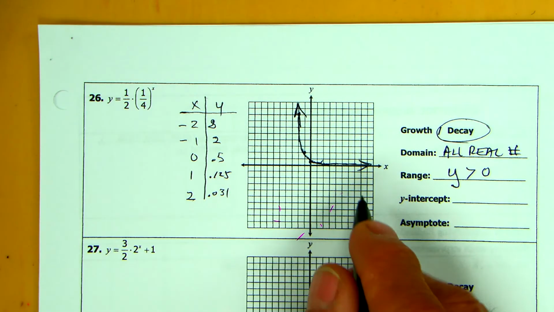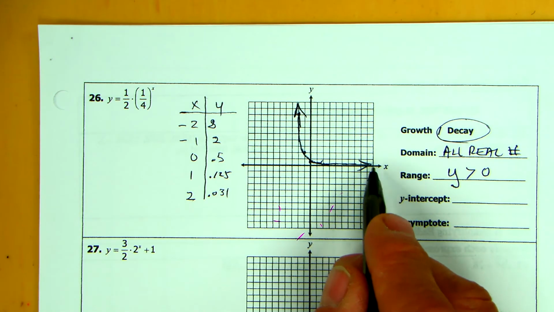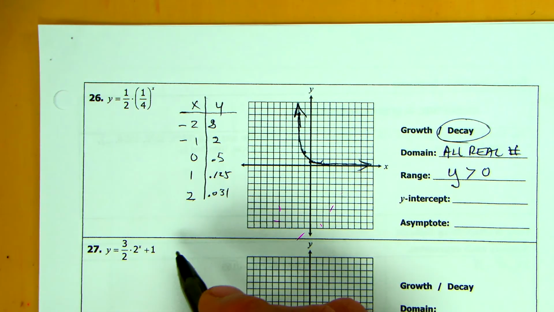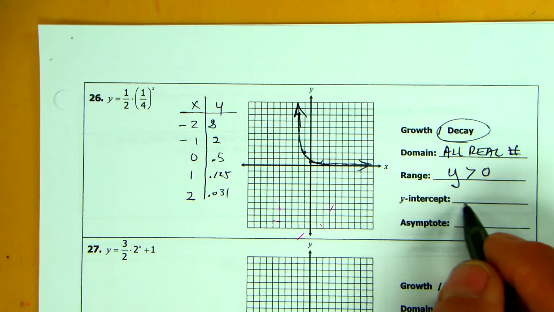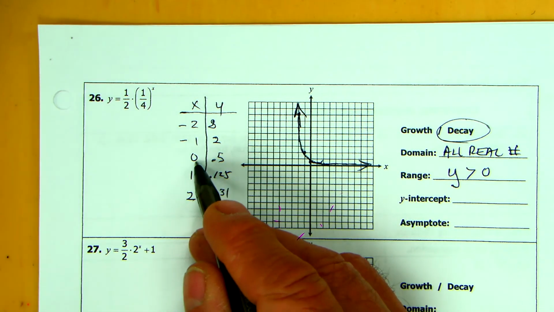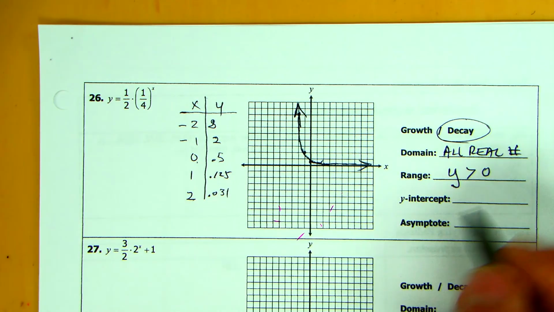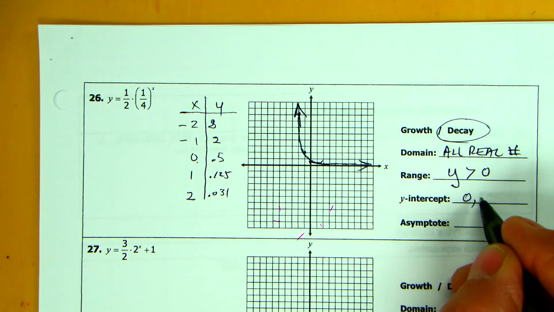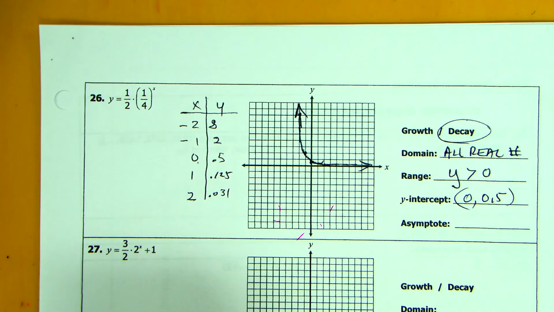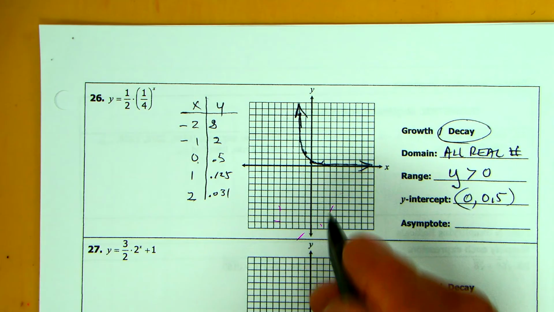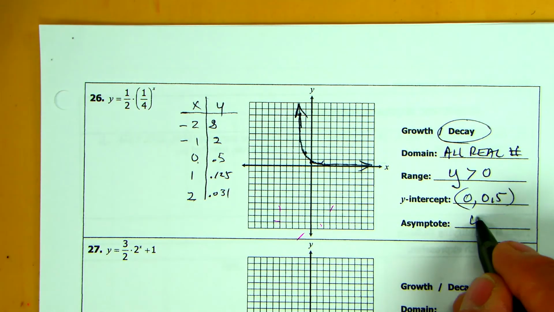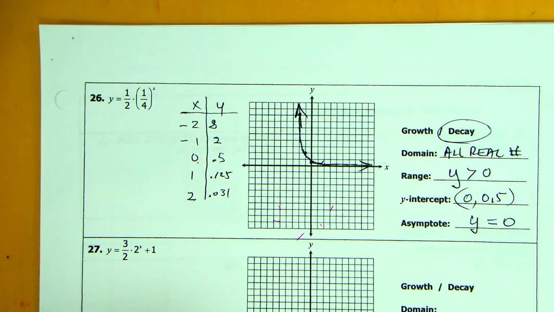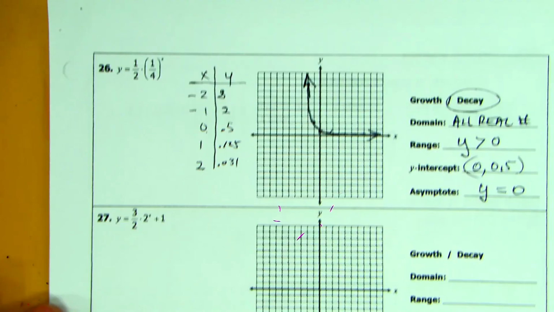They wouldn't be equal to 0, because this thing never quite touches 0, or the x-axis. The y-intercept is where x is 0, so it's (0, 0.5). The asymptote is at y equals 0. That's that problem.